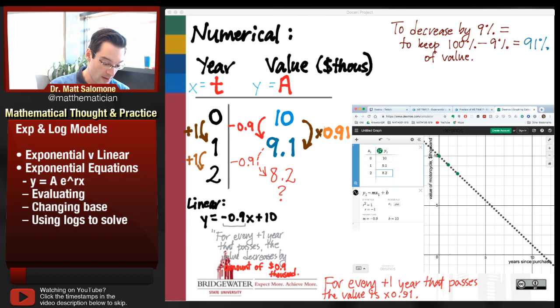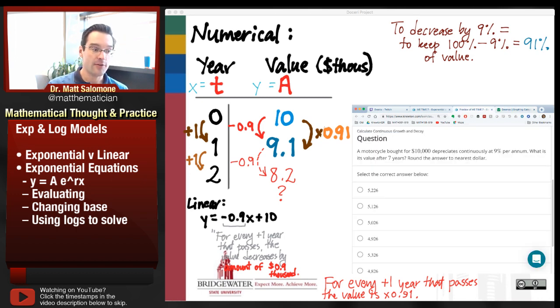But if I'm following the information that we're given here in this problem, which is that the value of this motorcycle is not decreasing at a consistent amount every year, but it is decreasing at a consistent percentage every year, that would suggest to me that what I really want to do is not subtract 0.9, not decrease the value by $900, but rather multiply by 0.91 again.